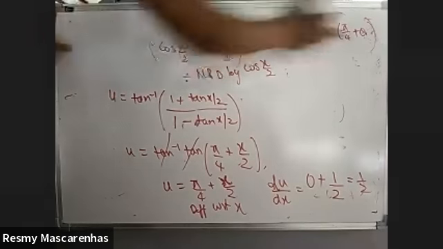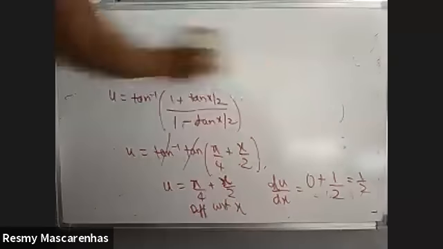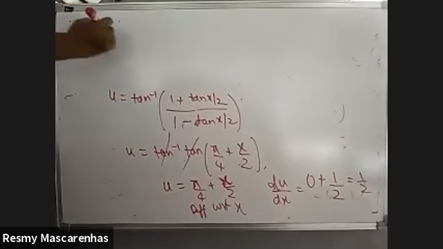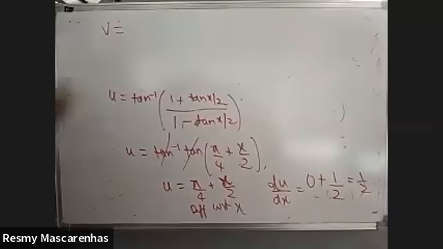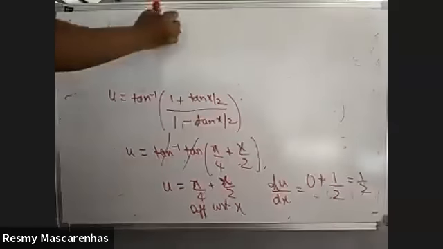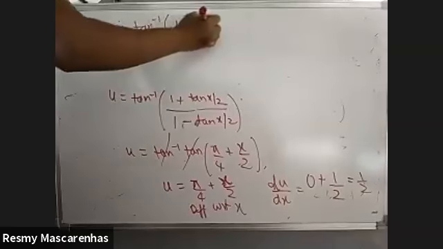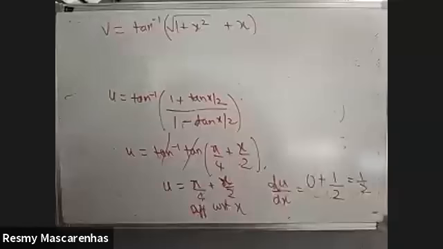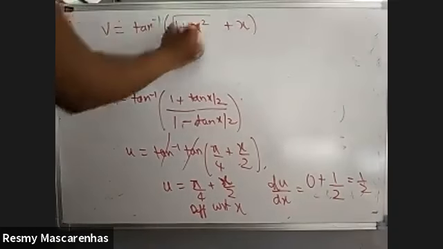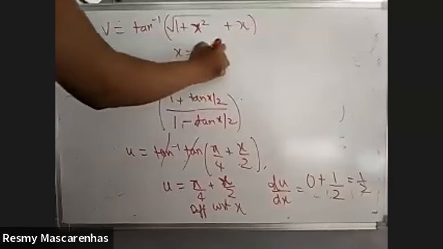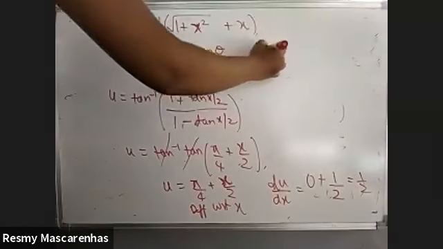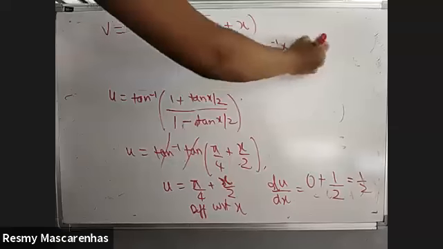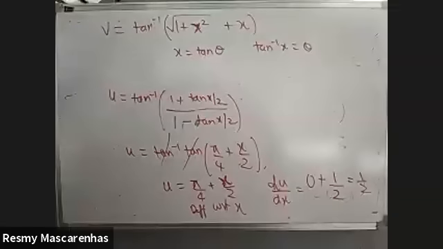Now v, tan inverse of 1 plus x square. So there's a root of 1 plus x square. So plus means x will be equal to tan theta. So now put x is equal to tan theta and solve.